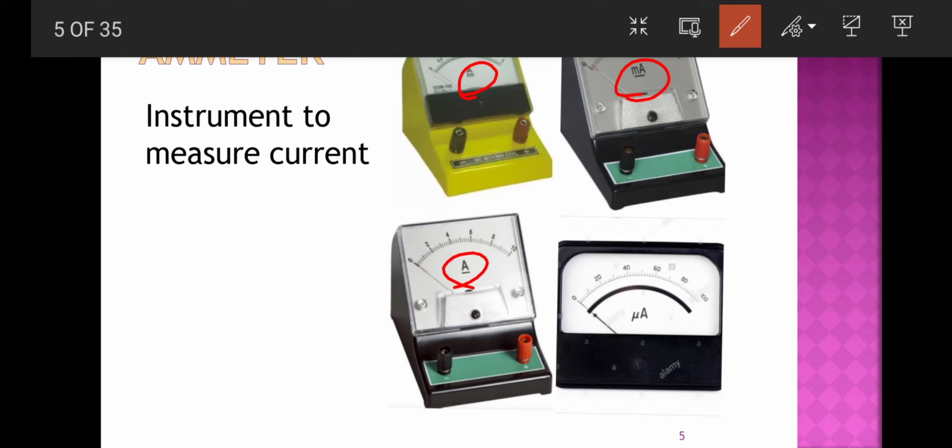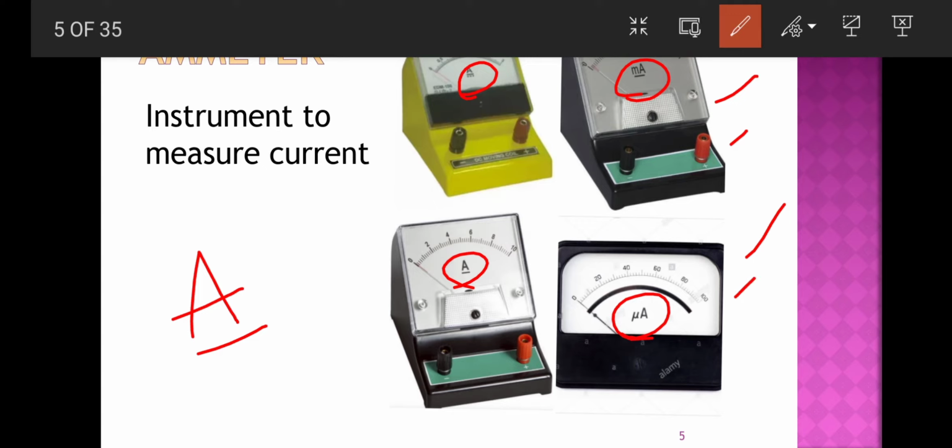Okay, what is that? Below A they have given a line, which means that is the DC ammeter. It is used to measure DC current. And you can see this is microampere, this is milliampere. So it is used to measure smaller currents. Milli is a smaller unit, and further very small unit is going to be microamps.